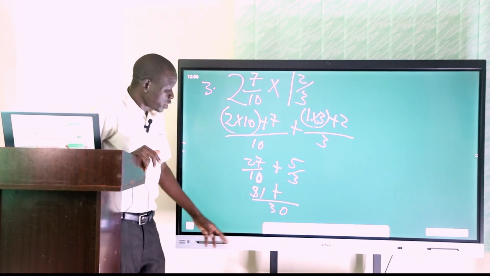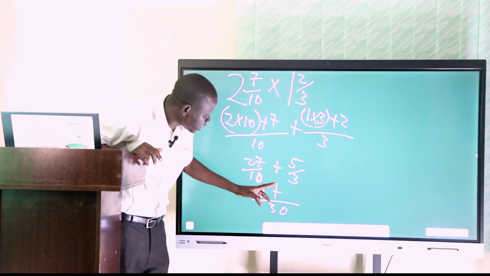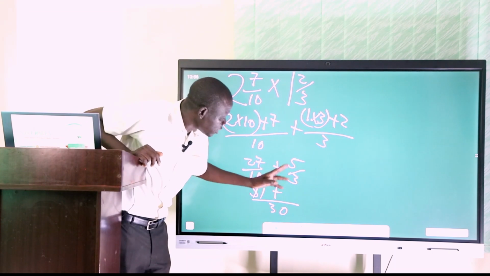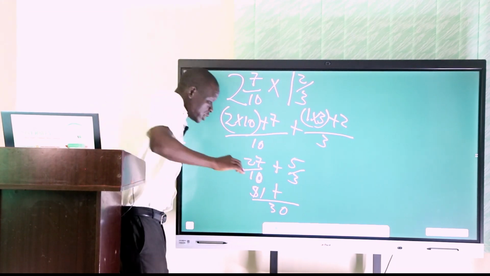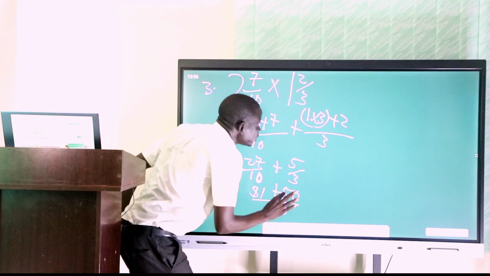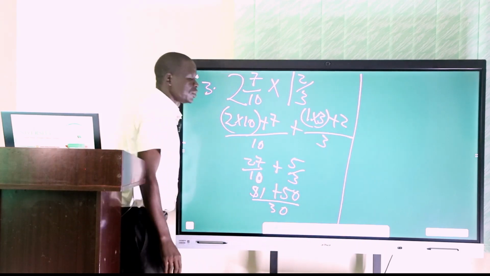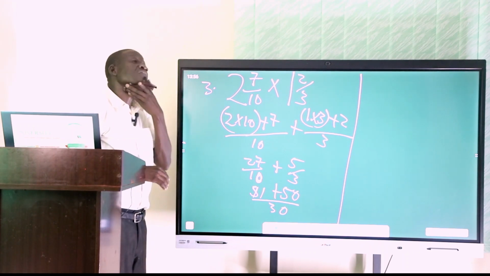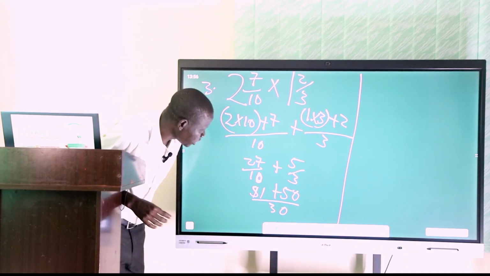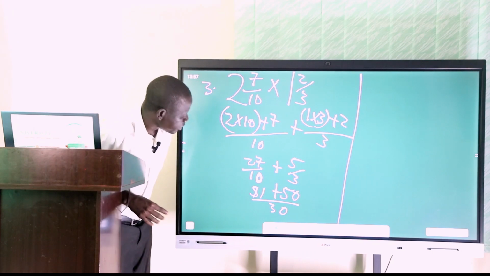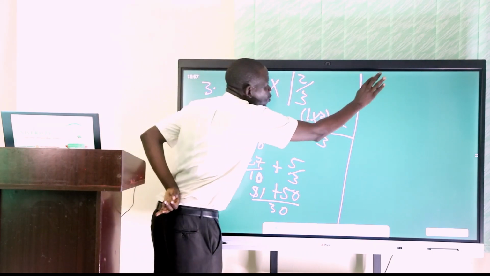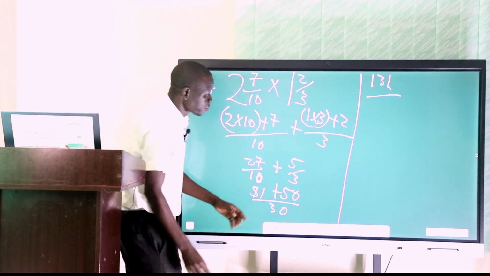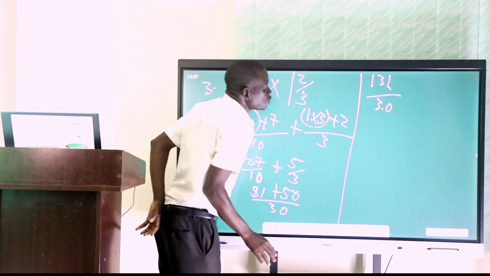Then 30 divided by 3, we get 10, and 10 times 5, we get 50. So in this case, we shall now get 81 plus 50, and we find that we get 131 all over 30.